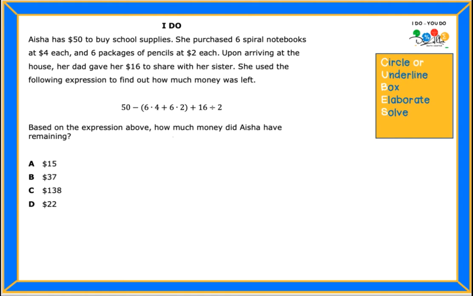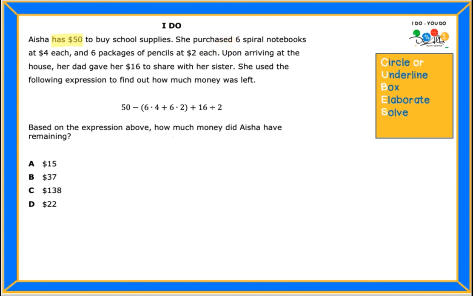Based on the expression above, how much money did Aisha have remaining? Okay, so let's use our strategy of cubes that we have on the right side to identify important information. Well, here they said this is all the money she has.